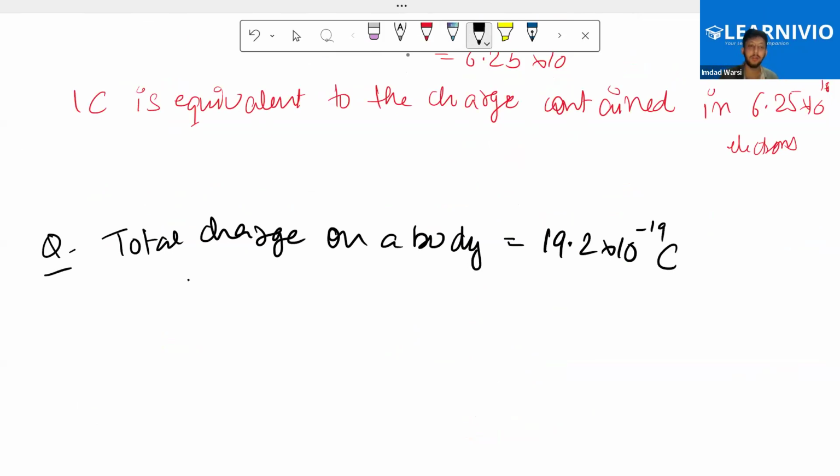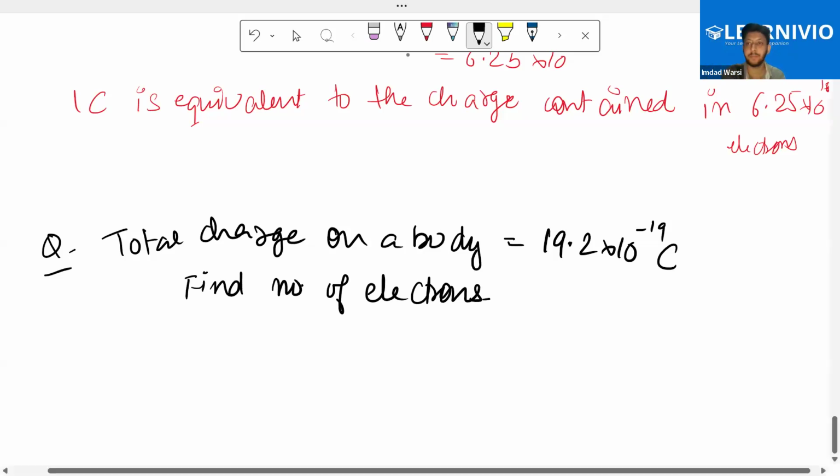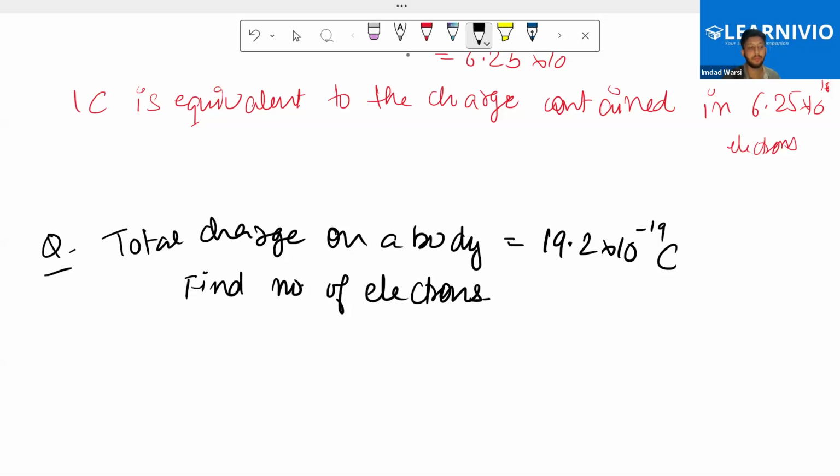Now find the number of electrons. Sir, 12.